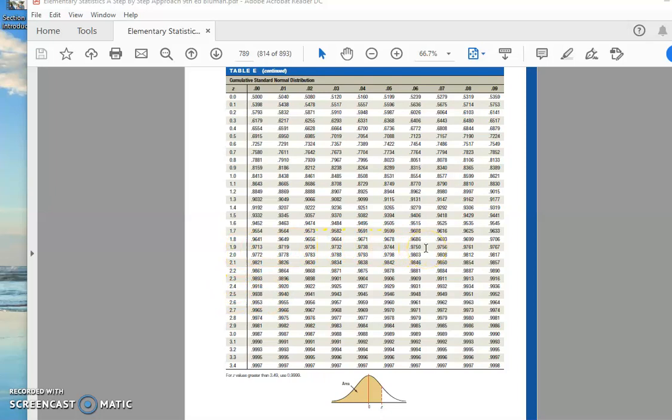A z-score of 1.96 tells me that 97.5% is to the left. So if 97.5% is to the left, then write it out on a piece of paper. What that's telling you is that 2.5% is to the right.